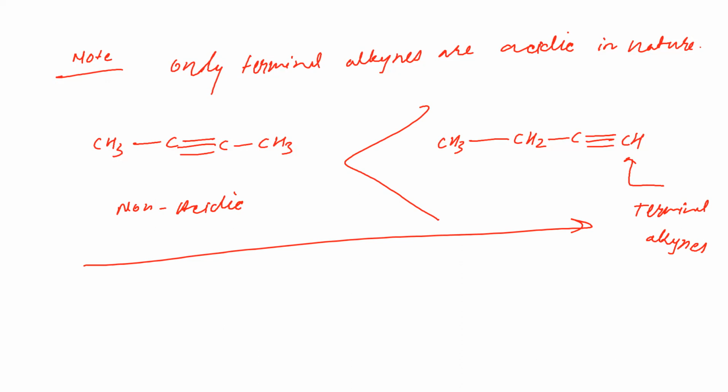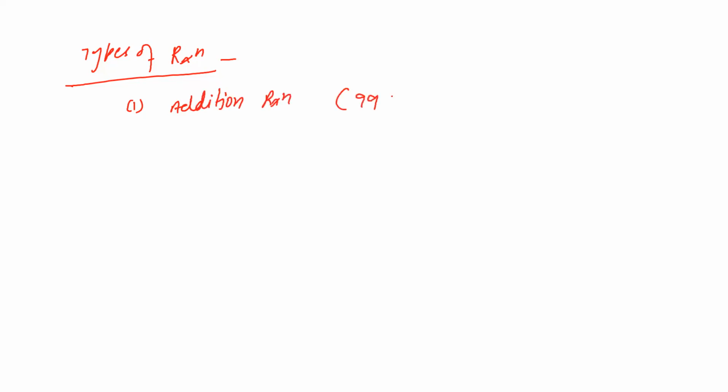Now, if you see some other point, the types of reaction, what type of reaction are you going to get? The first one you are going to get is addition reaction. Addition reaction is 99%; it gives the addition reaction only.